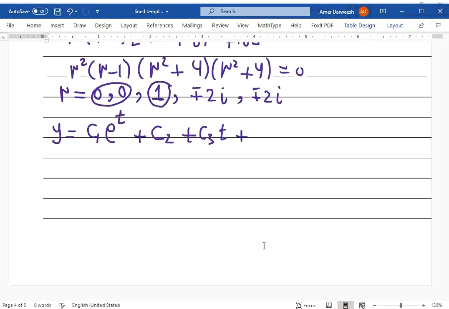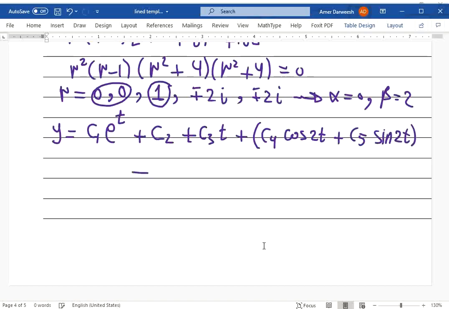Now plus e to the power 0, because here alpha is 0 and beta is 2, so e to the power 0 is 1, so I just get c4 cosine 2t plus c5 sine 2t.